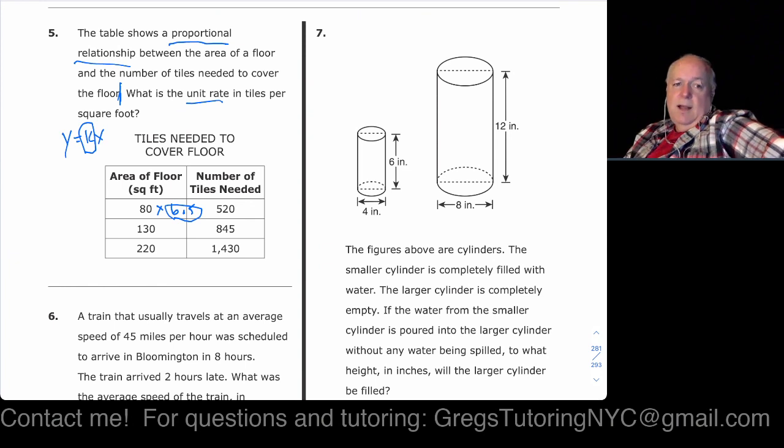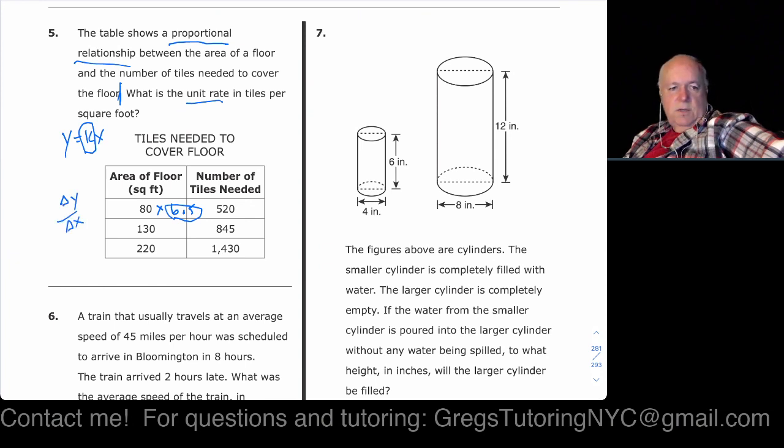All right, so let's do this another way. Let's do it the way we just did question number 4 to try to make sense of that. So what we can do is again use the change in y over the change in x, right?